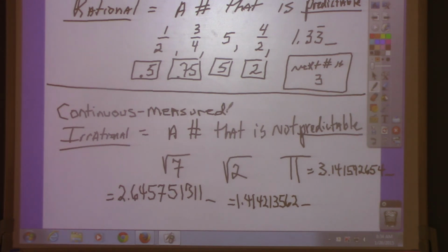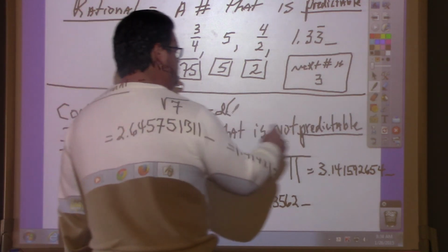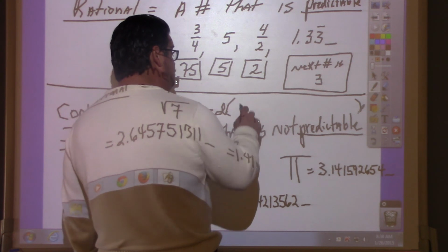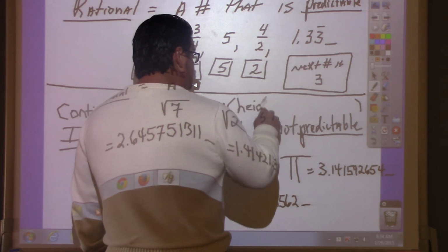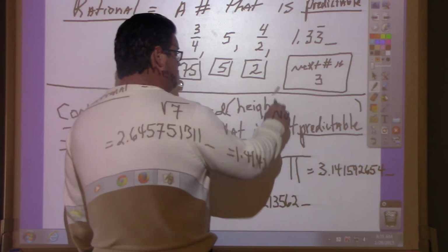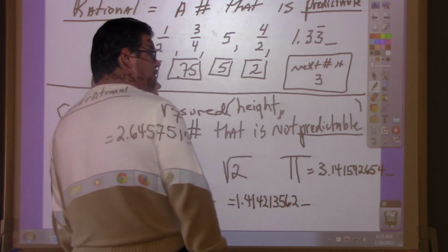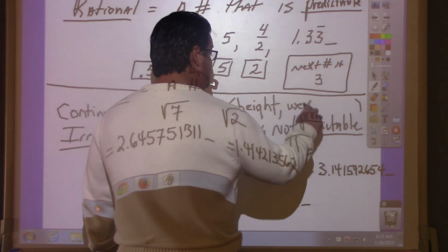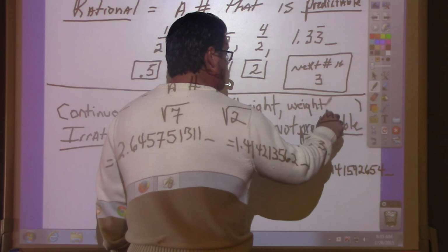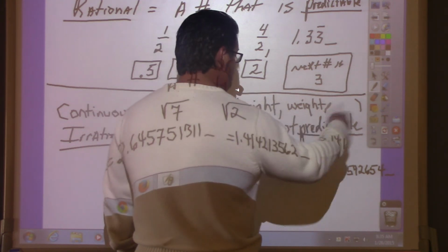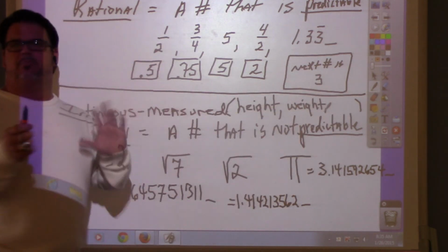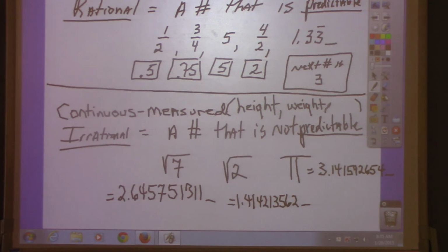Well, first of all, it's measured. What things are measured? I just told you one, height. What else? Weight. What else? Width. Well, all that good stuff. Anything that's measured.